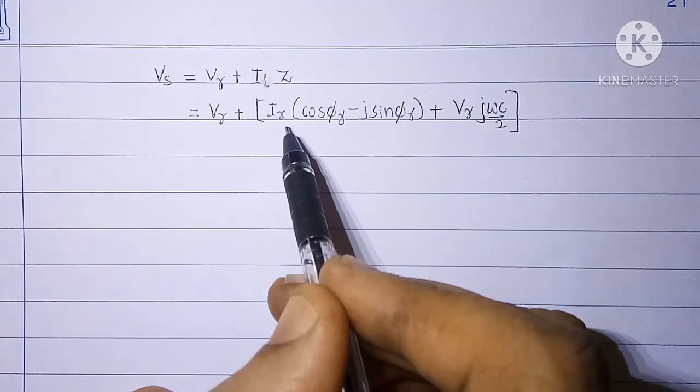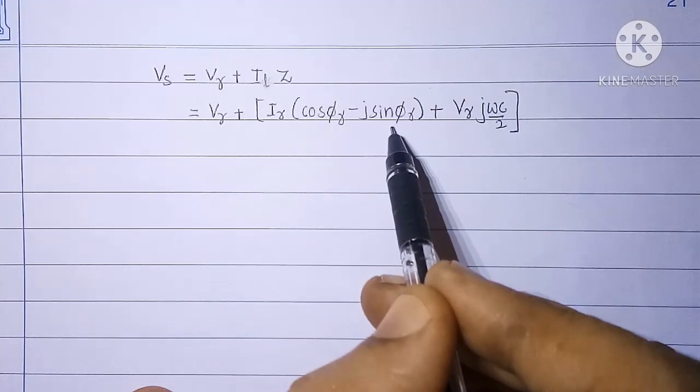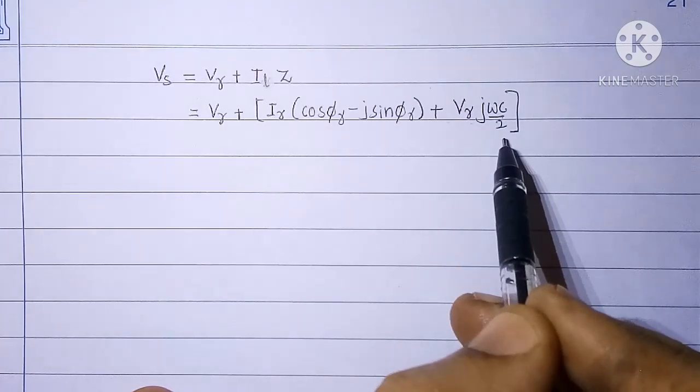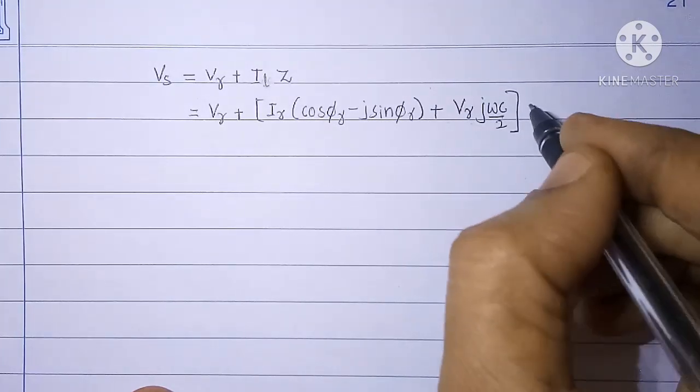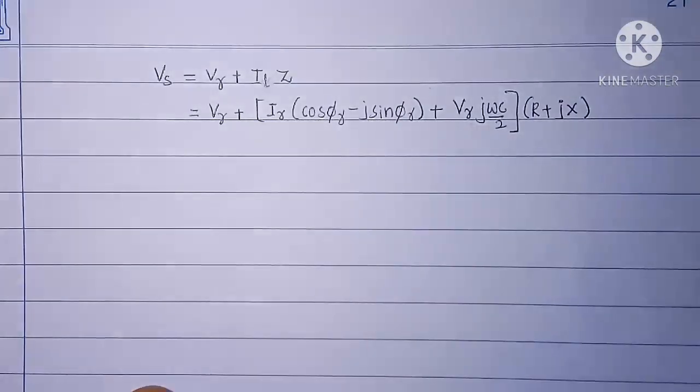IL is IR into the bracket cos phi r minus j sin phi r plus VR into j omega C by 2. Z is equal to R plus jX.